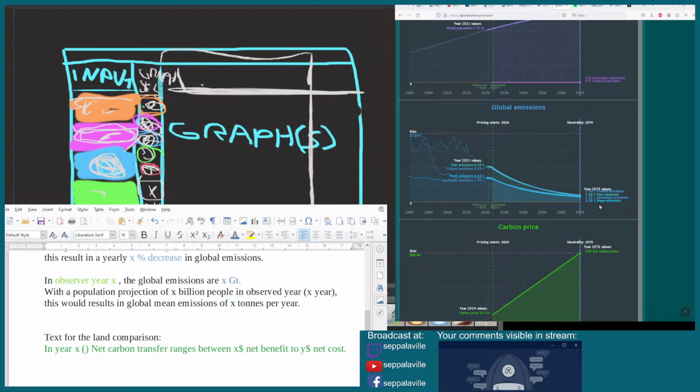Everyone keeps their position, but the emissions converge to each other.